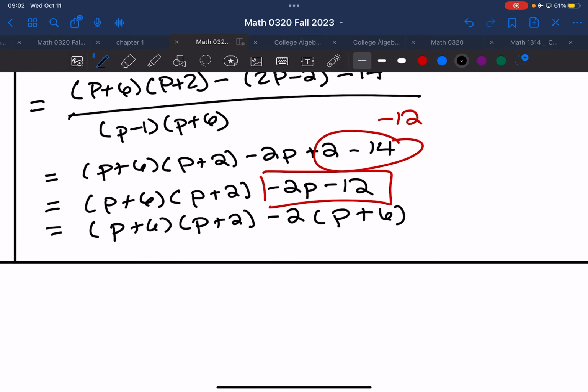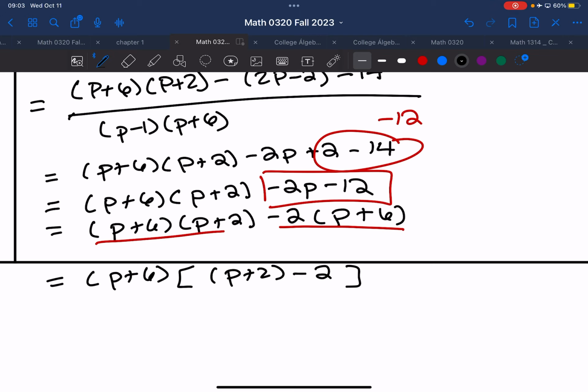Okay. Now looking at the entire numerator, what does the first part have in common with the second part? P plus 6, meaning we could factor out a p plus 6. So we would have p plus 6, and then from the first part, we would be left with p plus 2, and in the second part, we would be left with a negative 2.